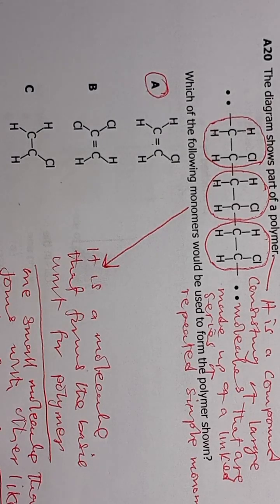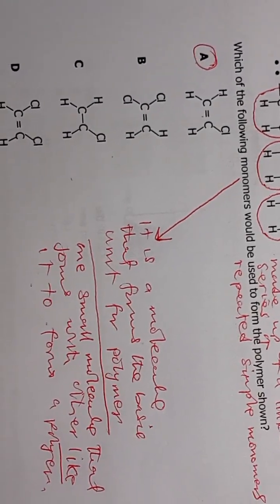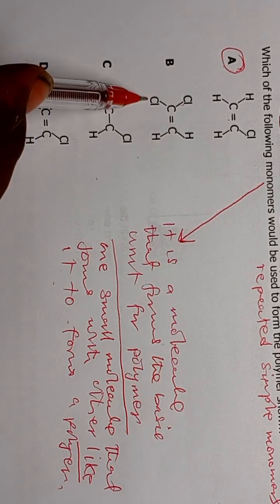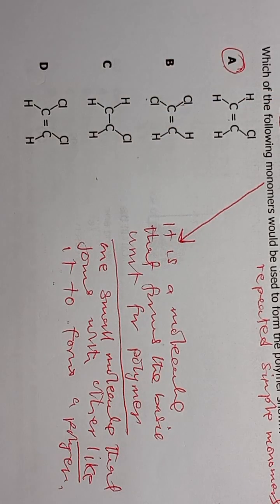When you look at option B, it has 2 chlorine. So that is not the answer. It is different from the polymer. Here we have a single bond. Should you choose option C, then you get it wrong because it's a single bond there. Then we have D, it has a double bond, yes, but it has 2 chlorine atoms. Thank you very much.